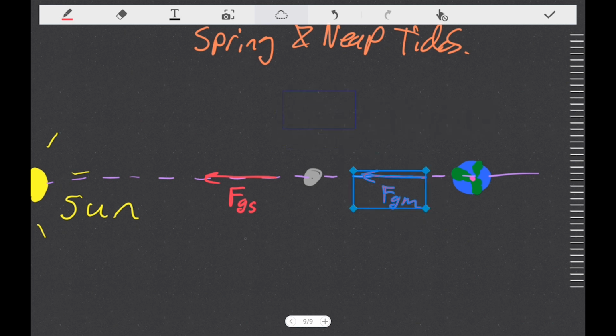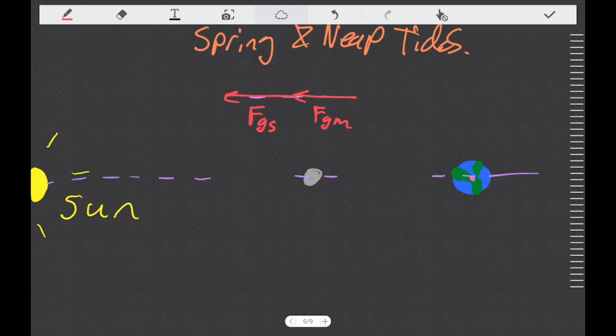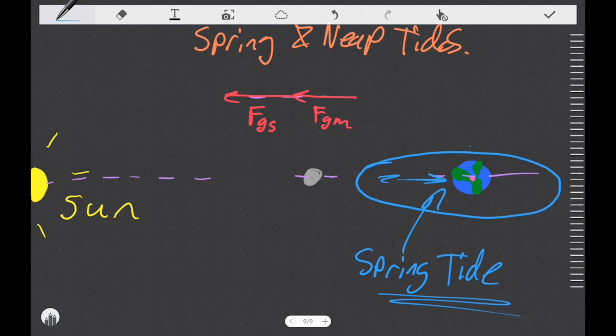If we add the force of gravity of the moon to the force of gravity from the sun, we end up with a pretty big vector. That bigger vector is going to cause a larger bulge on both sides of the Earth, which is going to be a spring tide. And when we have a spring tide, we have a bigger difference between high tide and low tide.